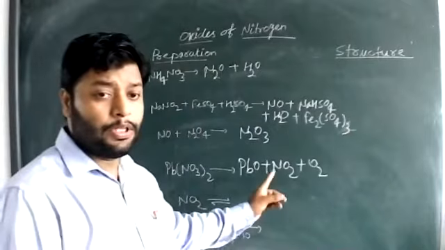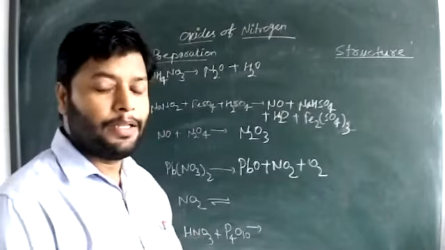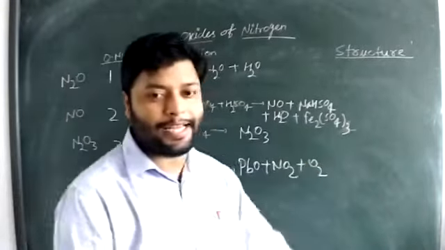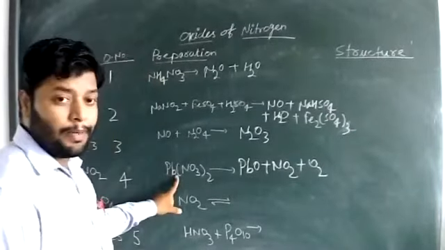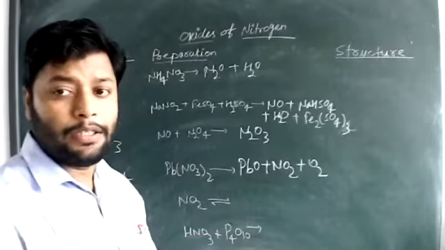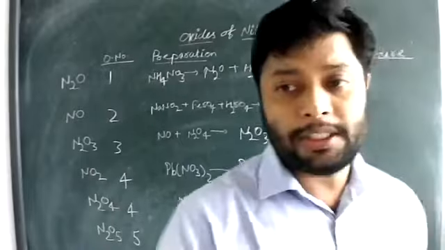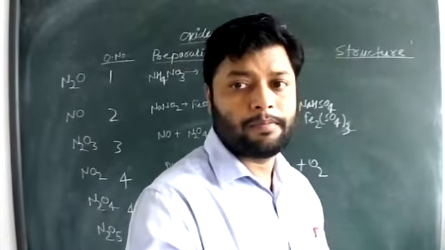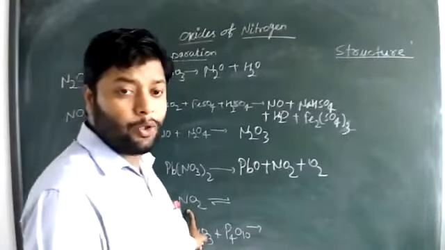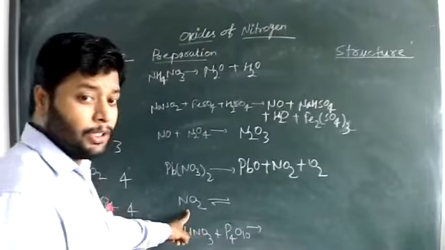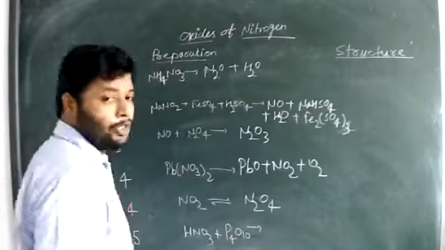There was a mistake earlier: ferric sulfate would be Fe2(SO4)3. So on thermal decomposition of lead nitrate, we get nitrogen dioxide, the brown vapor, and that nitrogen dioxide can dimerize to form dinitrogen tetroxide, N2O4.